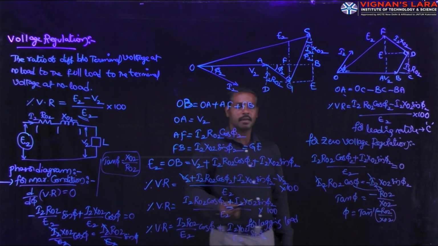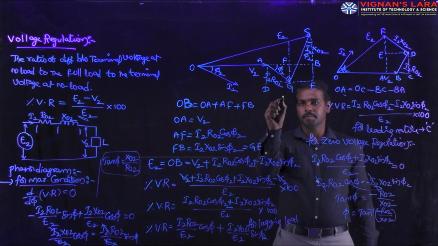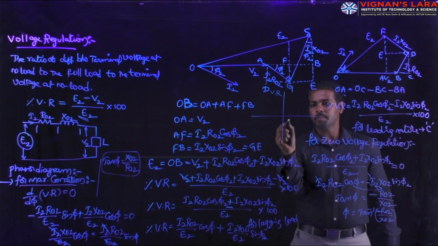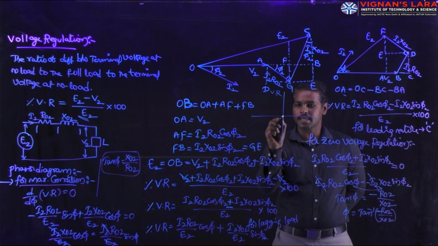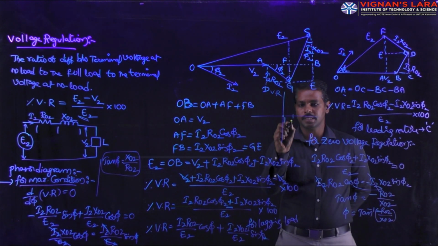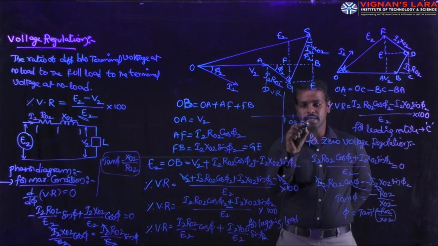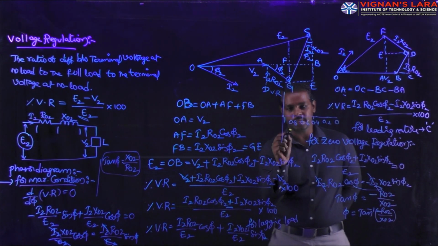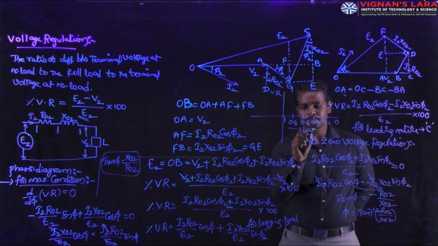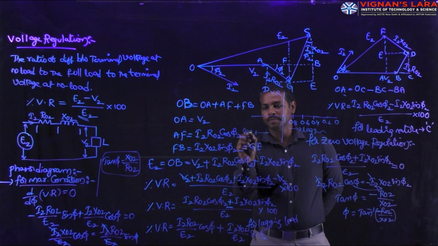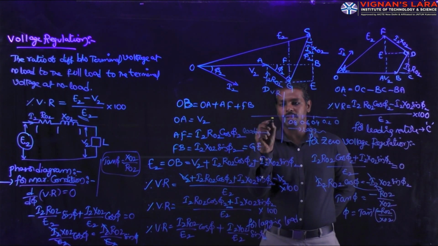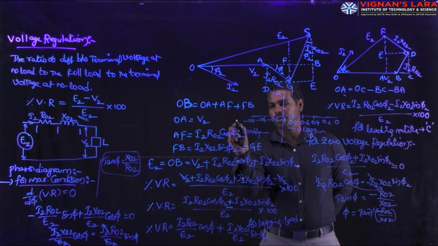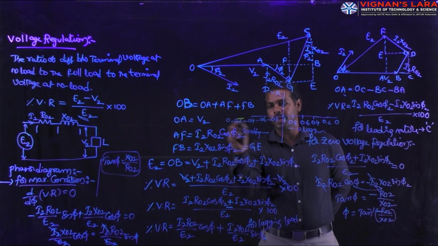If you have to draw the characteristics between voltage regulation versus power factor, the unity power factor is considered at the center, then 0.8, 0.6, 0.4, 0.2 and finally 0 power factor. So these are the lagging nature. These are leading, that means capacitive loads: minus 0.8, minus 0.6, minus 0.4, minus 0.2 and finally 0.